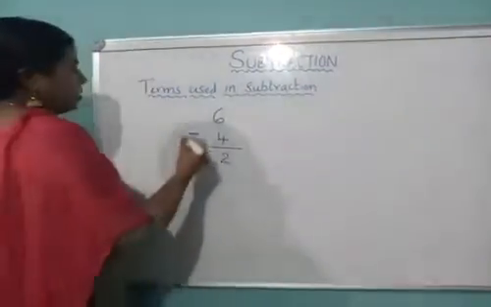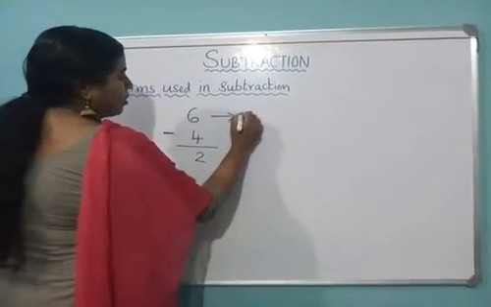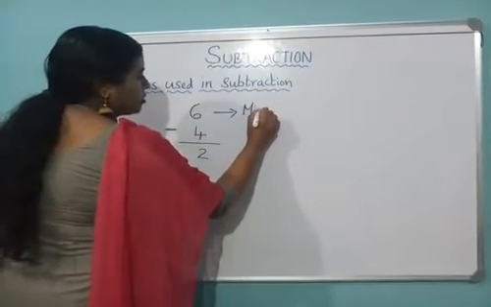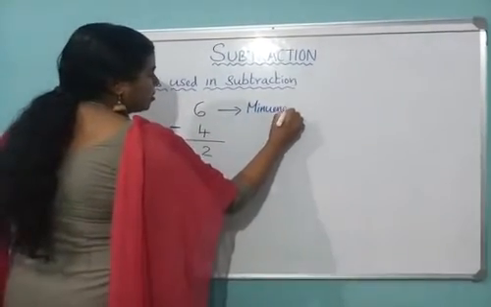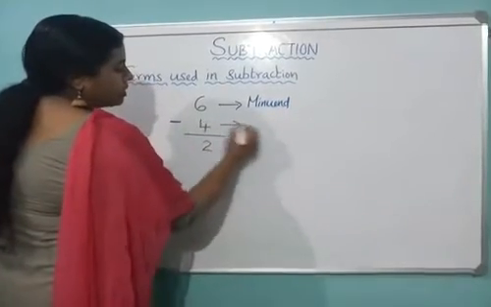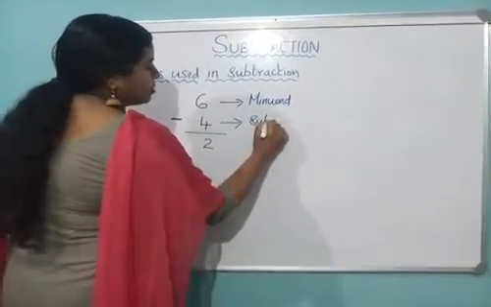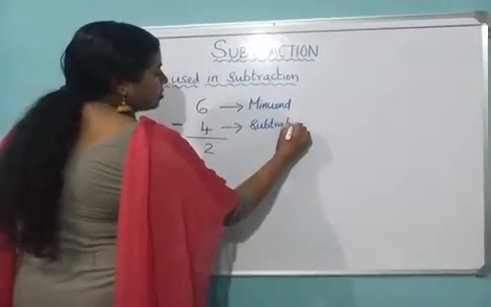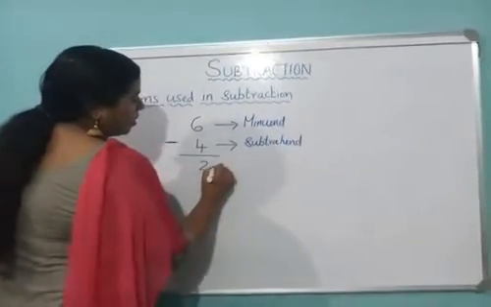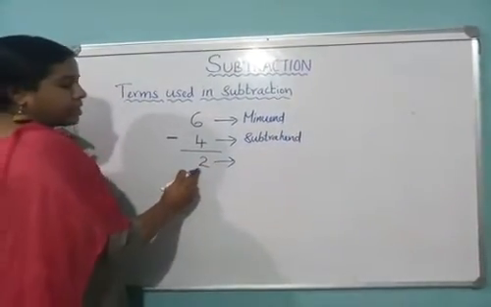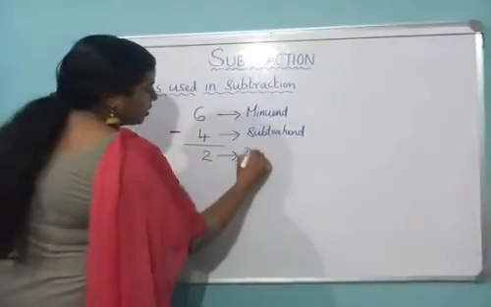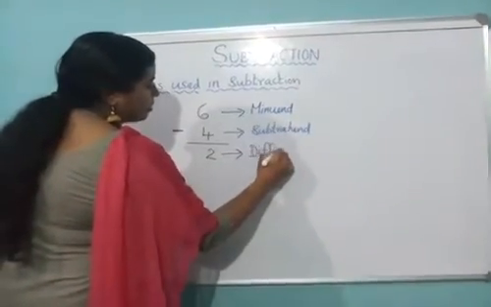Here, 6 is called the minuend, 4 is called the subtrahend, and after subtracting we get the answer 2, which is called the difference.